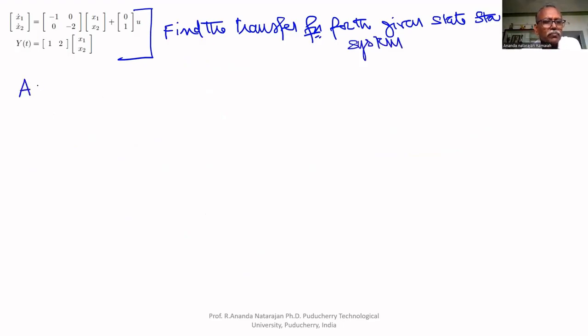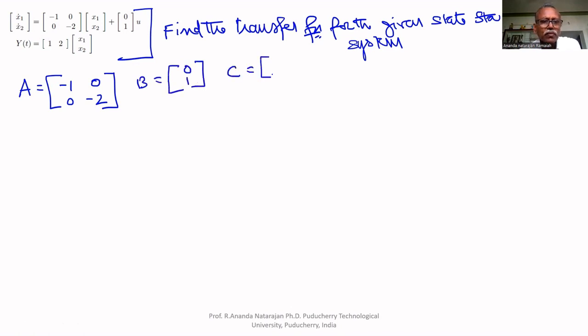Here A equal to [minus 2, 0; 0, minus 1], B equal to [0; 1], C equal to [1, 2], D equal to null matrix.